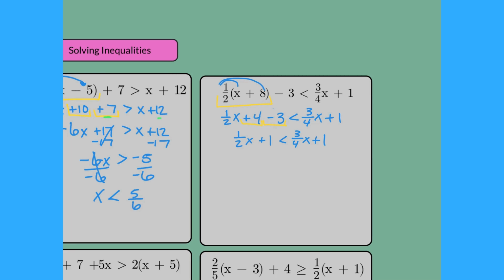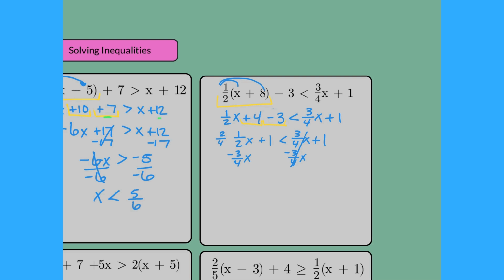So now I'm going to start solving. So I'm going to subtract the 3/4 from both sides. And again, that's because I like to move my variable over to the left if possible. So I have 1/2 minus 3/4. 1/2, if we turn this into a common denominator, is the same thing as 2/4.